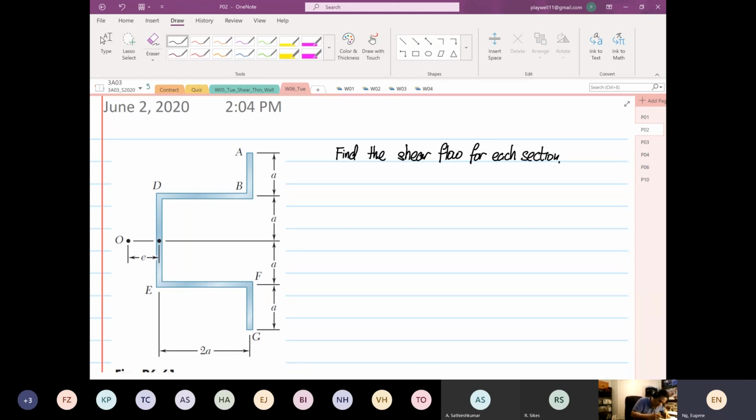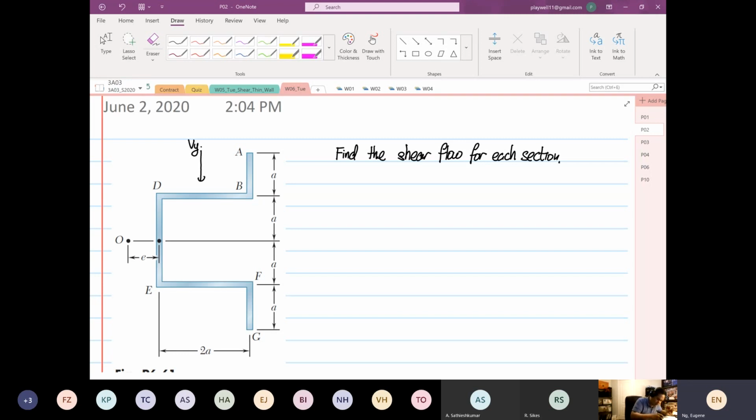We know that the force coming down is Vy, so we're going to construct the shear flow. Anything that is vertical and not passing the centroid has an F. Let me classify what I'm trying to do down here.